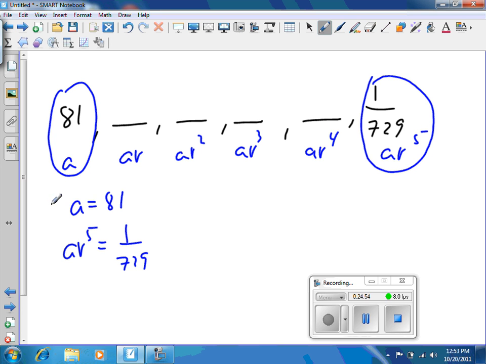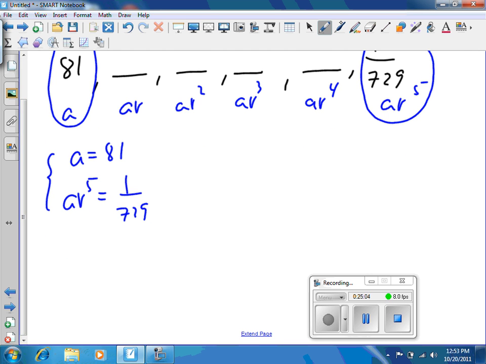So what do I do? Substitute the 81 in for a, and solve this equation.